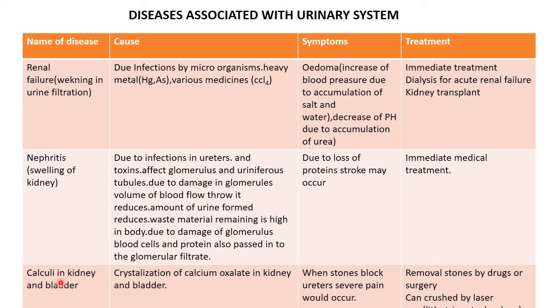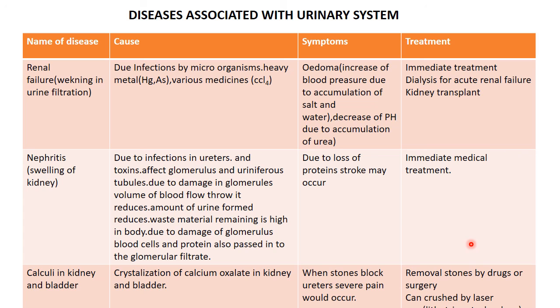Third one, calculi in kidney and bladder. That means crystallization of calcium oxalate in the kidney and bladder will cause calculi. The symptoms: when stones block the ureters, severe pain occurs. The treatment for this disease is removal of stones by drugs or surgery, and the stones can be crushed by laser treatment, that is called lithotripsy technology.